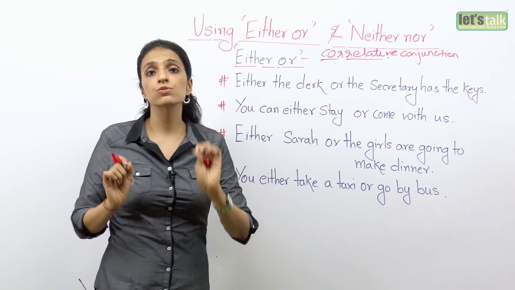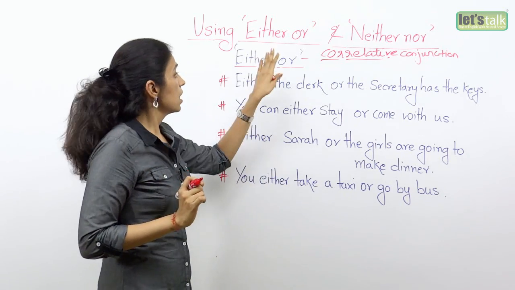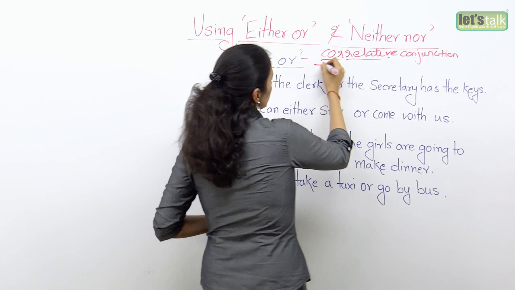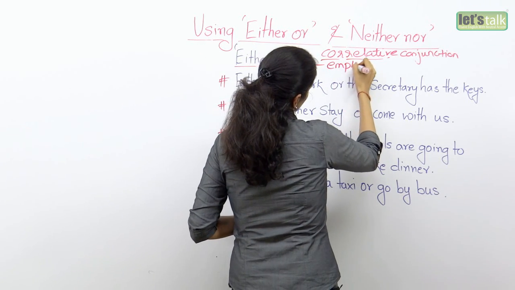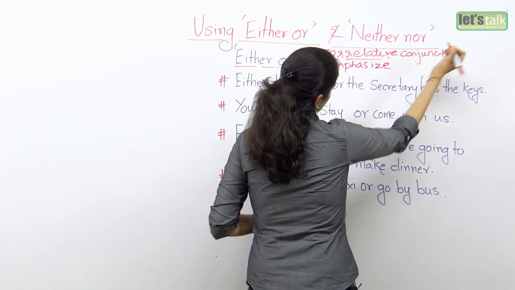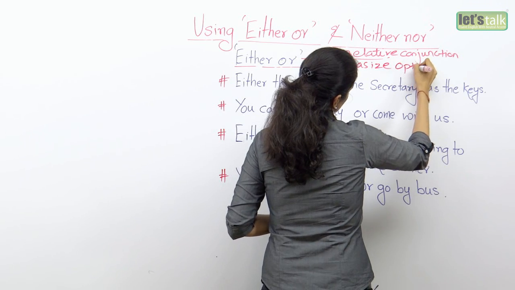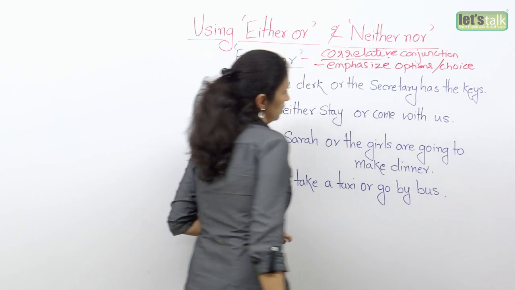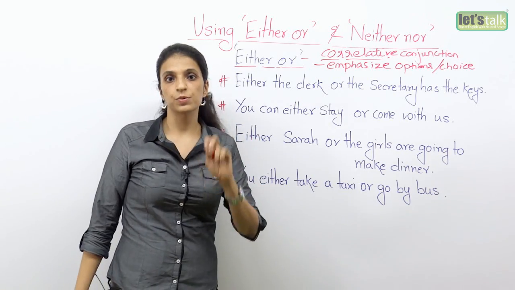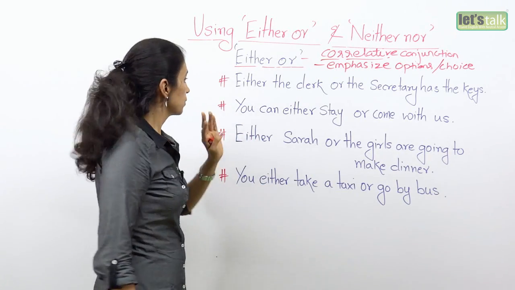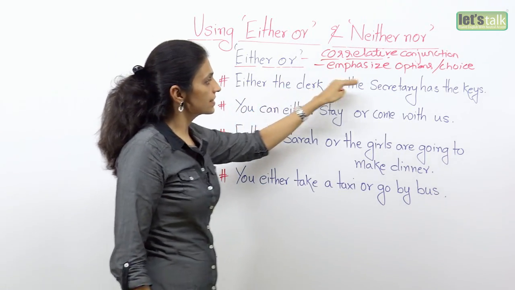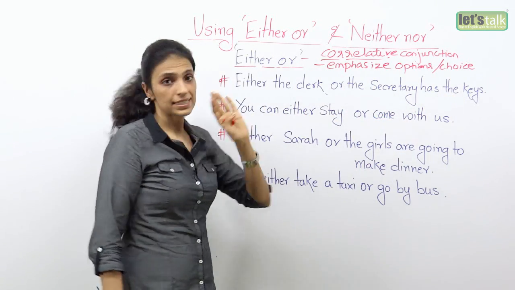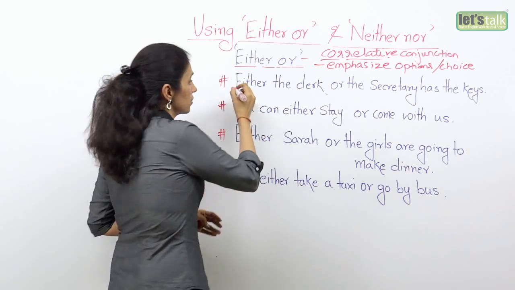Now let's see how we use either/or in a sentence. First of all, remember we use it to emphasize choice. You make a choice between two things. So if I say, either the clerk or the secretary has the keys, I'm not sure who has the keys, so I tell you either.